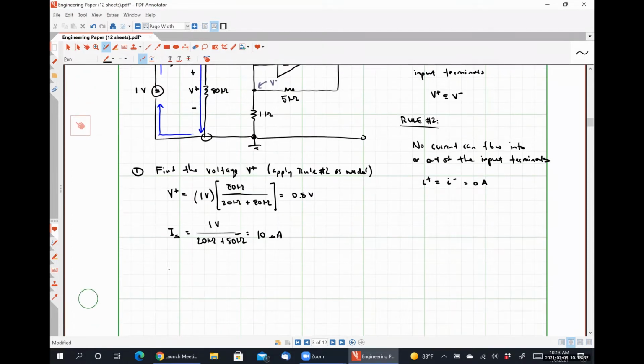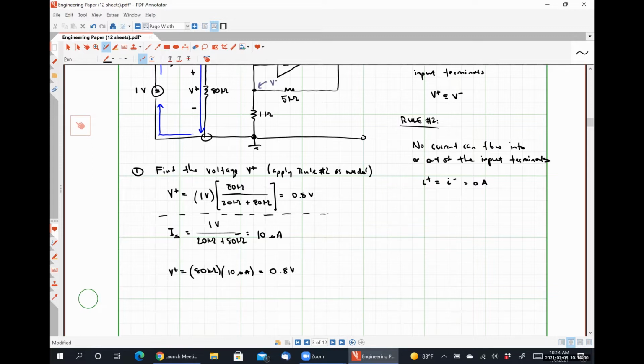And so therefore, V plus would be 80 kilo ohms times 10 microamps, which is 0.8 volts. So either way works.